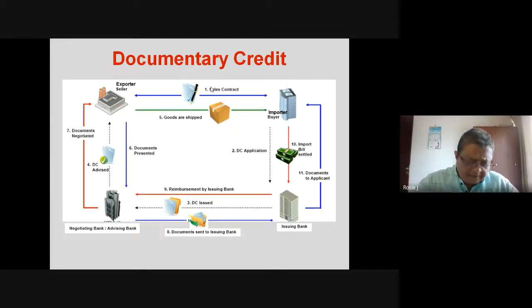But if the condition of the LC says that this LC is non-cumulative, then of course there is a little problem, right? That means if the exporter misses one shipment, he cannot add that to the next. The April missed is missed.